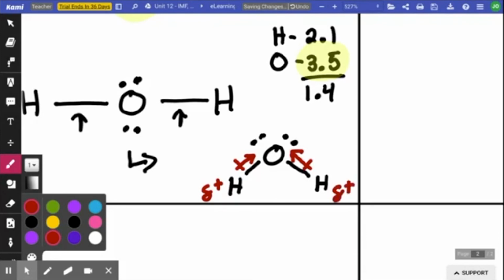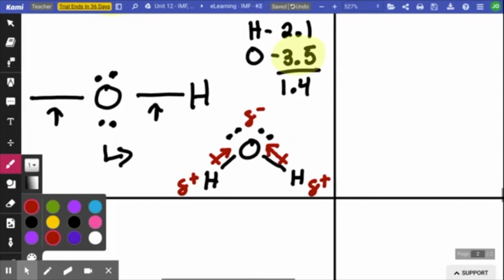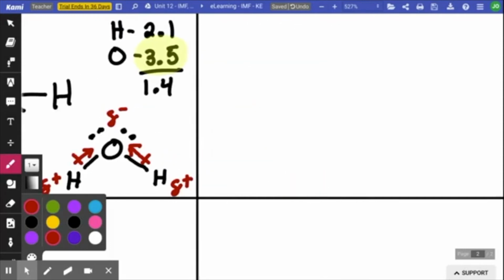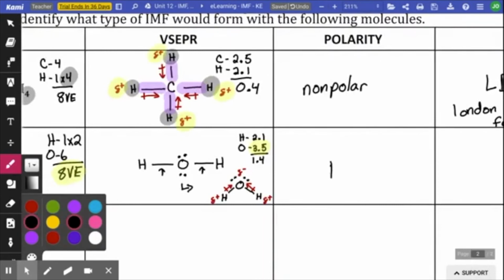If this end is positive, they've pushed down and away, so that actually makes our oxygen slightly negative. So looking at this, we've got one end that's positive and one end that's negative. That makes this a polar bond and a polar molecule.